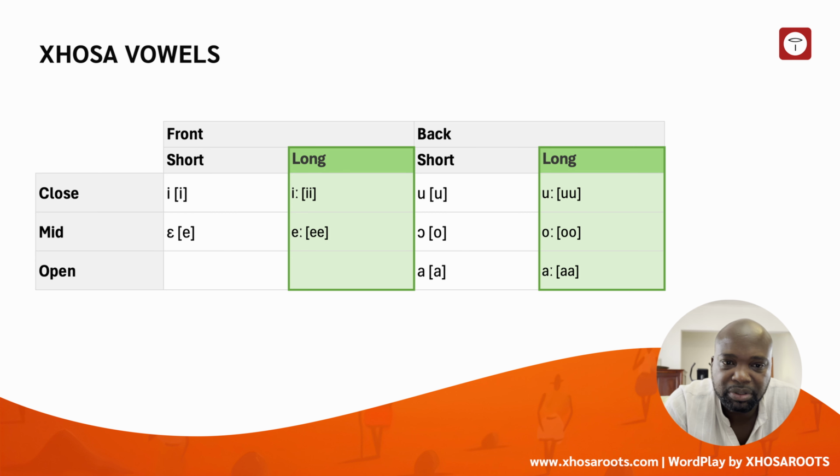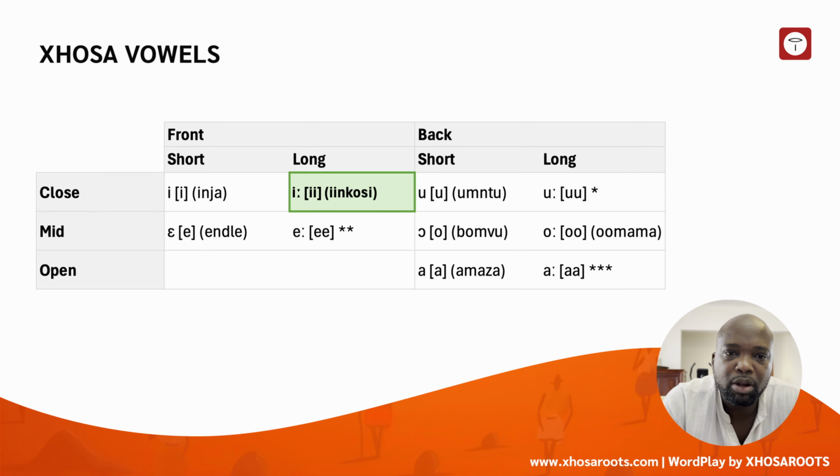Here are some examples. Two of the vowels, E and O, when applied as noun class prefixes, that is noun class 10 and 2A respectively, they indicate the plural, so it's plurality. For inkosi, which is singular, we have inkosi, which is chiefs.